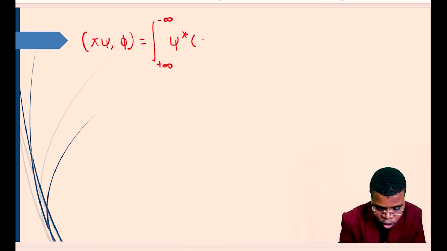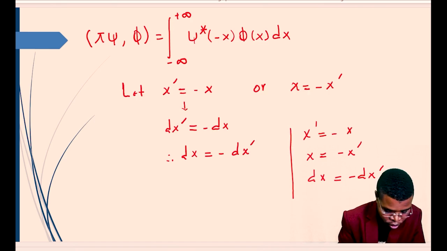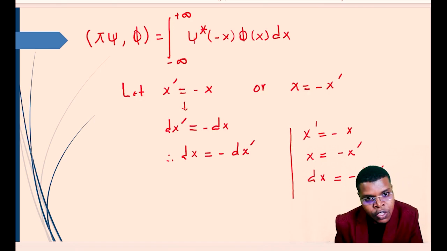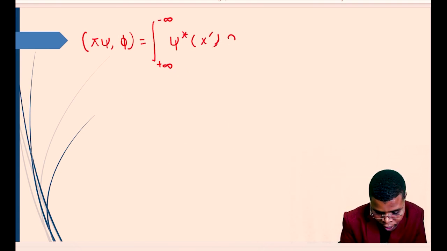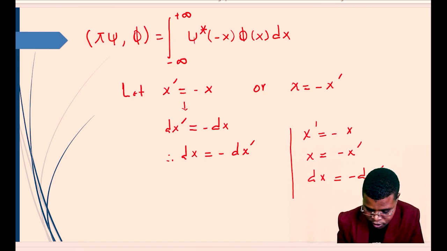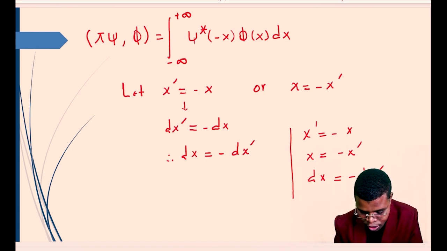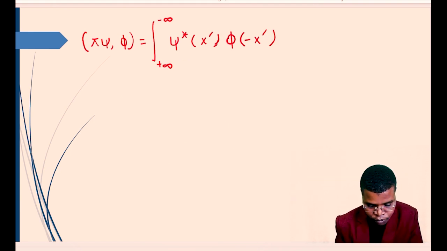Minus x is equal to x′, so we change it into x′. And for φ, here we have minus x′, since x is equal to minus x′. So we change the position of x to minus x′.